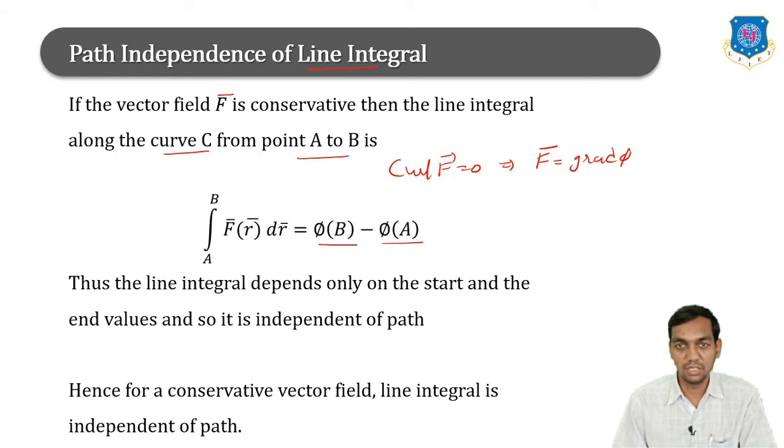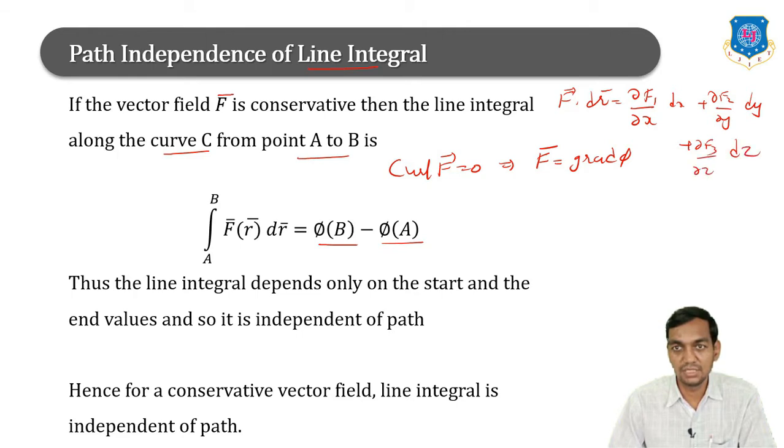You can find the scalar potential. Now f bar is equal to grad phi, so here we are going to use f bar equal to grad phi. So f dot dr will be del f1 by del x into dx, plus del f2 by del y into dy plus del f3 by del z into dz.